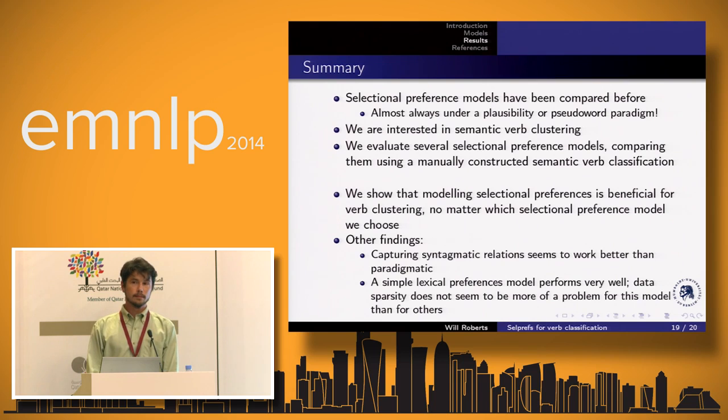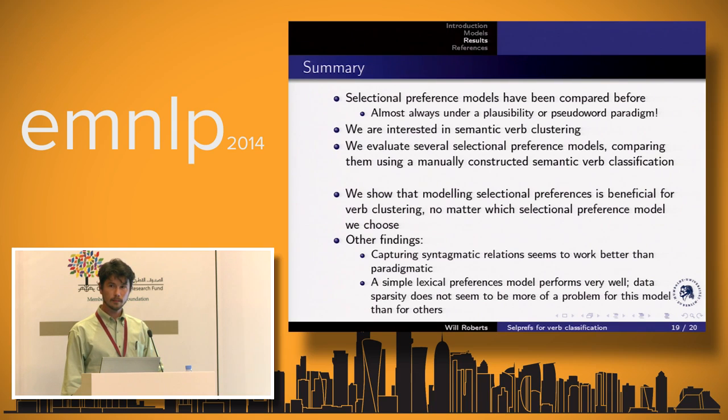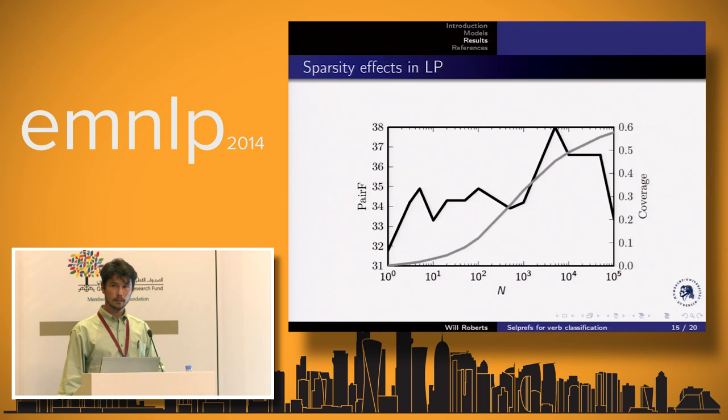So one more question I had is, there are issues with sparsity as you increase the number of words or classes, and you start to see more coverage of the data, but it might not always help.